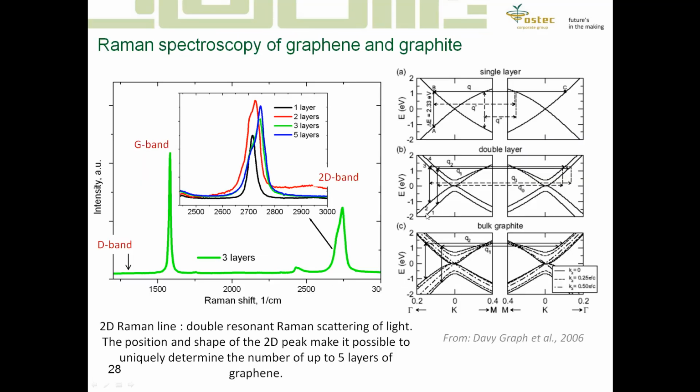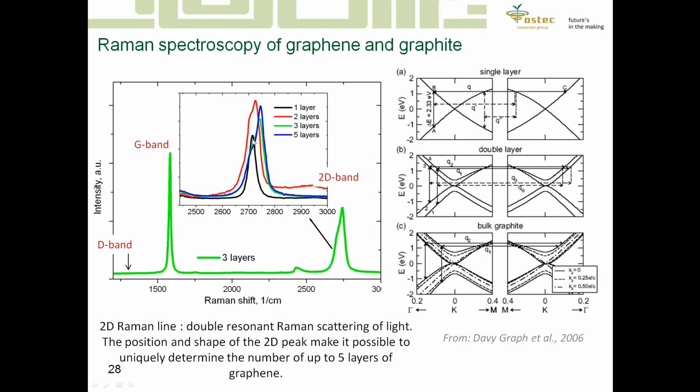So we can take a look at the typical graphene spectrum, and when there are different numbers of layers, the energy states in the graphene structure change.